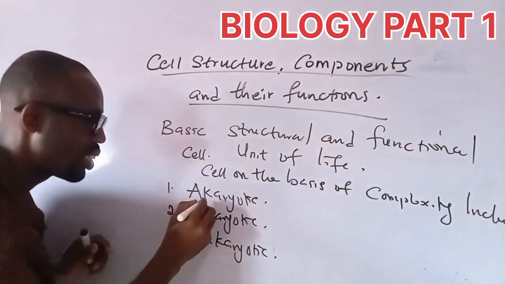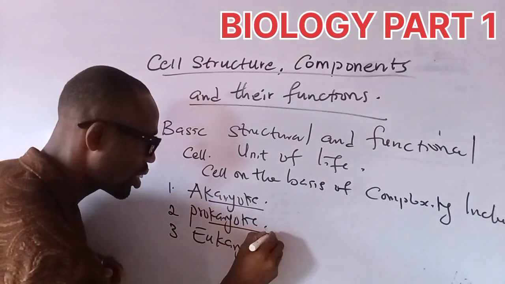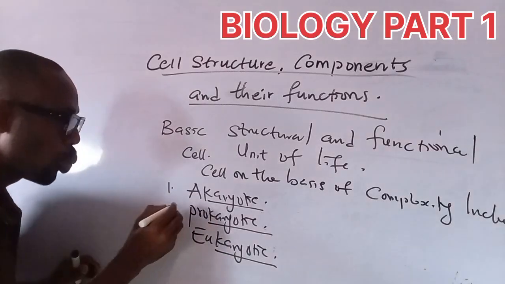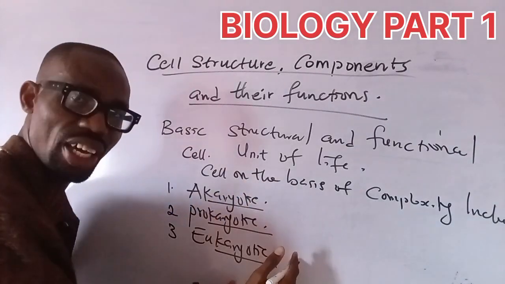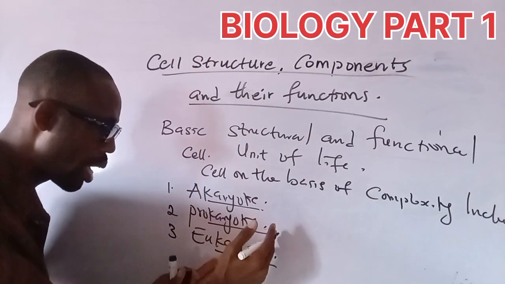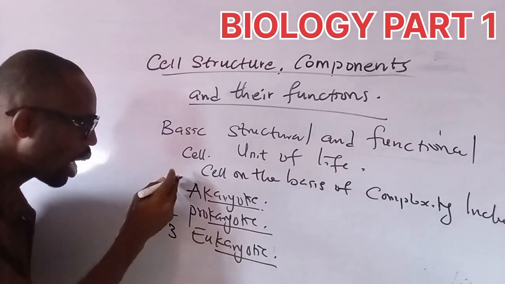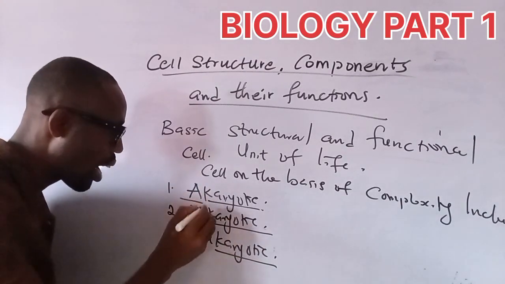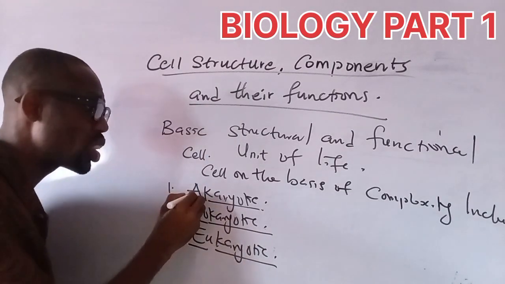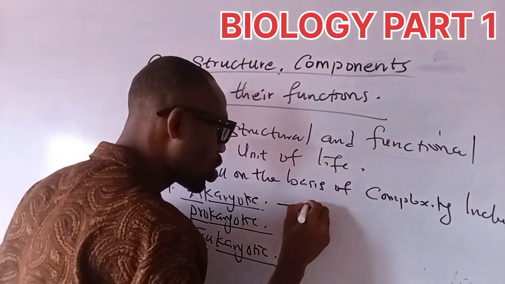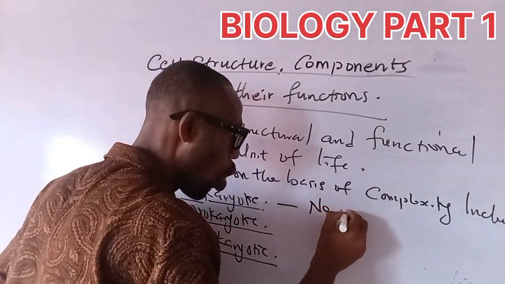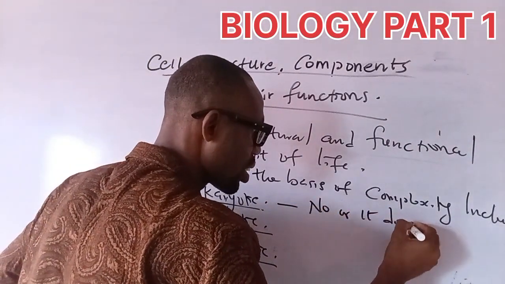Now, I'd like you to take note of something. You observe that we have karyotic. You will see this suffix, karyotic, is the same for almost all of them. But look at the prefix: a, pro, eu. When you see the prefix a in biology, it means no, or it does not have it.